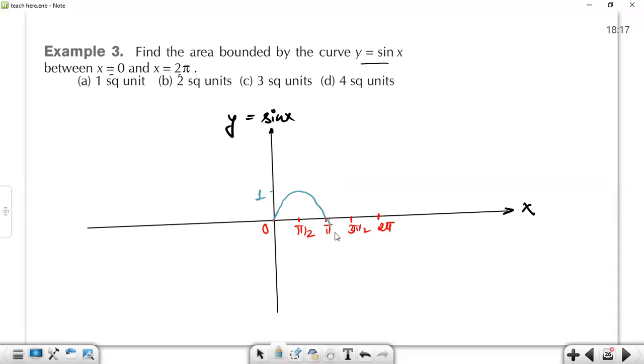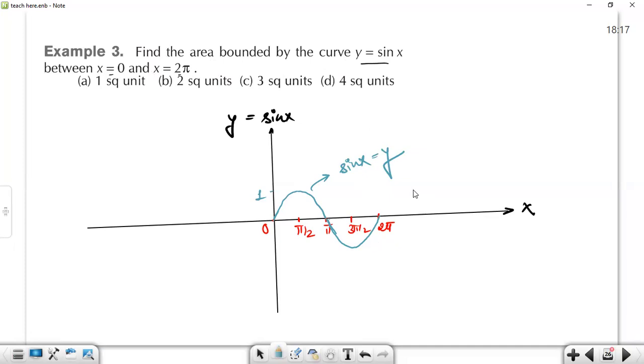The same story goes further: 3 pi by 2, minus 1, 2 pi, 0. So this is the curve of sine of x. Right? Are you able to understand how I have drawn this? Yes, sir.